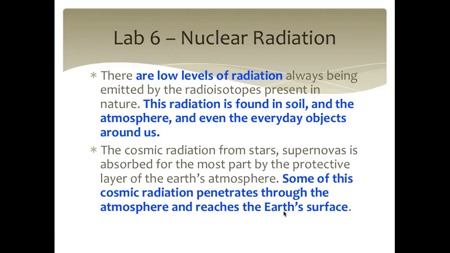However, the ozone gas is helping to prevent some of that really penetrating radiation from reaching the Earth's surface. Otherwise, it would lead to a higher level of radiation on the Earth's surface.